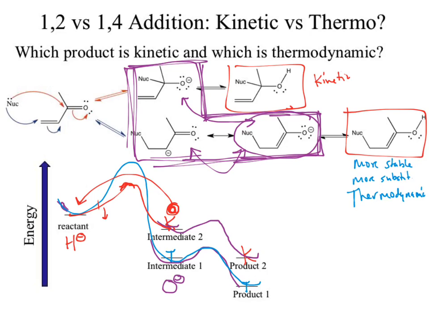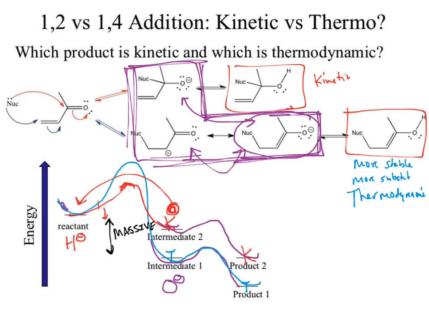Which means, what is the distance as far as our energy between our intermediate and our reactant? That becomes massive. If that is massive, can I reverse the reaction? No. Which means the only product I can get is the kinetic.